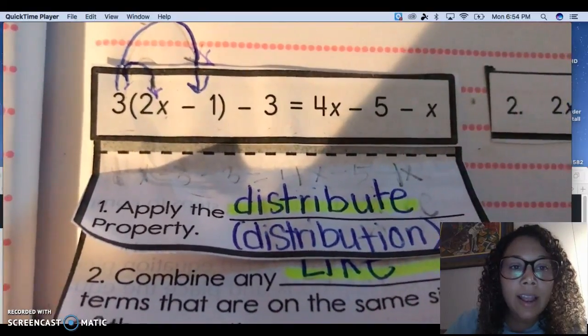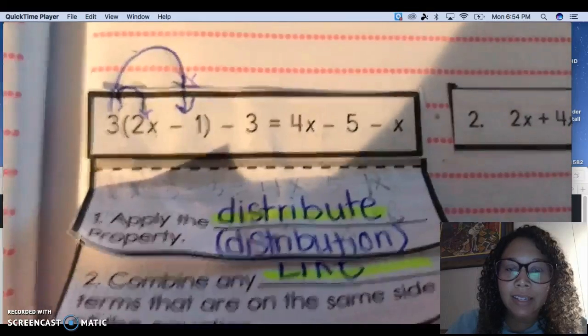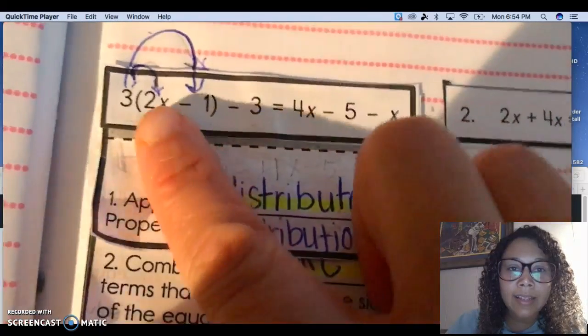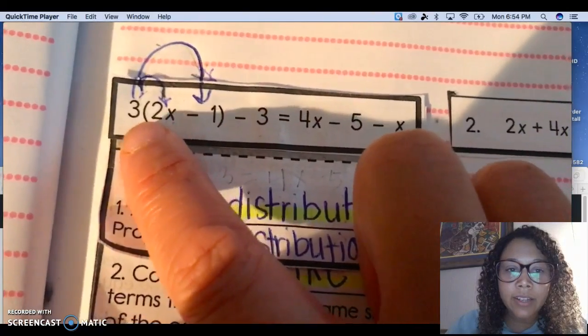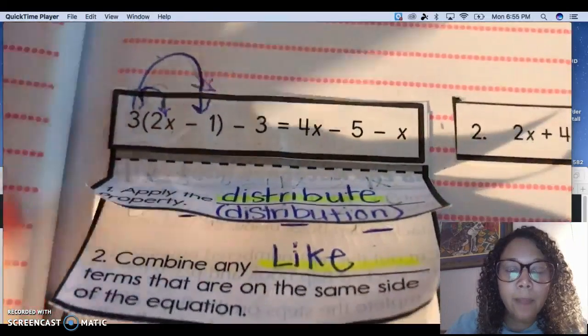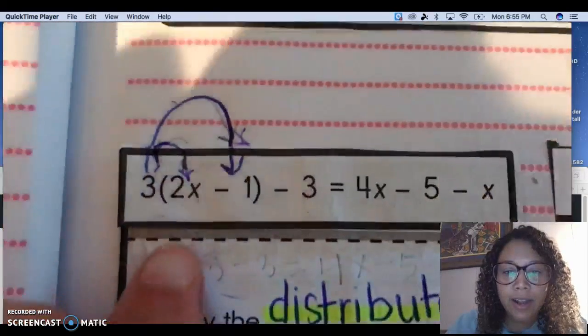So 3 times 2x is 6x, and then 3 times negative 1 is negative 3. So as you can see, I'm pointing at that there. And so if you flip up, this is where you're going to put your answer.